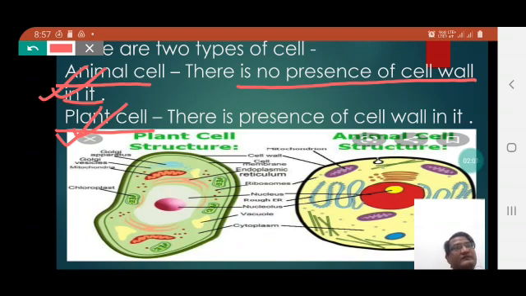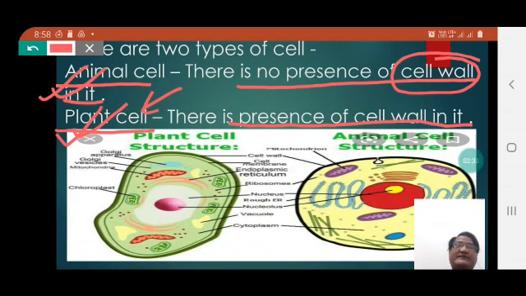Since it's the most important feature of the animal cell, that there is no presence of cell wall in it, and it is due to which the shape of the animal cell is not fixed or is not definite. Whereas, if we concentrate on the plant cell, then there is presence of cell wall in it.